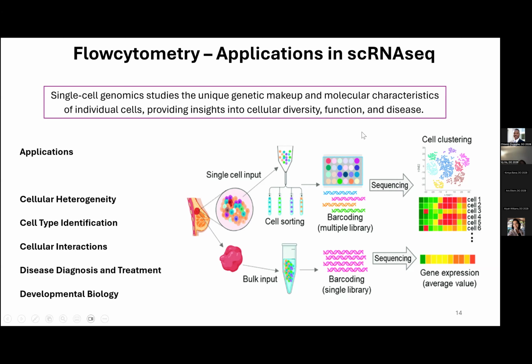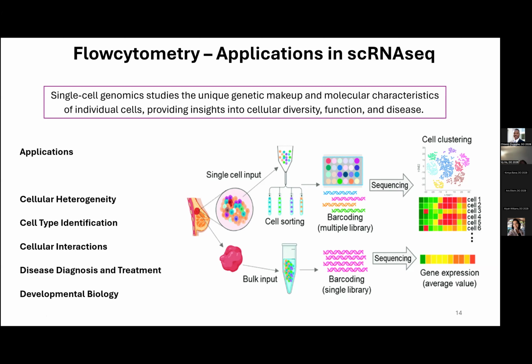The major applications include identifying gene expression at single cell resolution and identifying cellular heterogeneity. For cell type identification, we can pick the cells of interest and rediscover new subpopulations. This is always helpful in disease diagnosis and treatment and also in developmental biology.